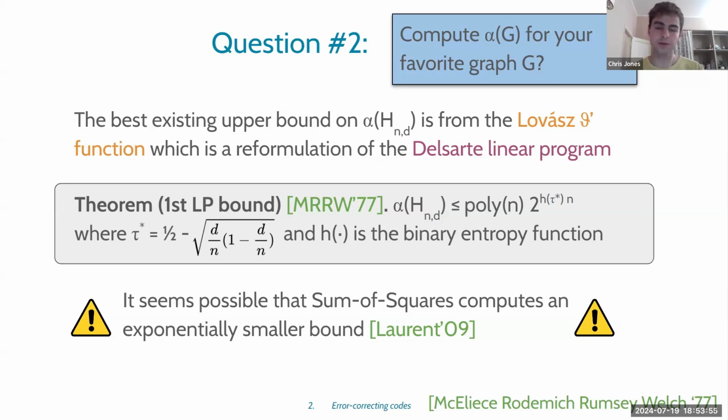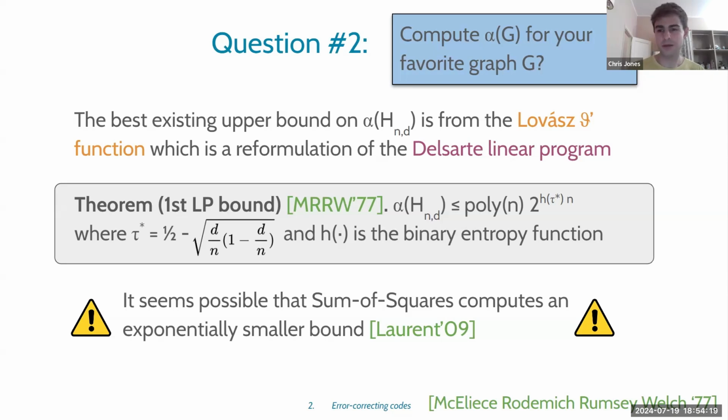Well, one justification for this intuition is that this is a very geometric problem. We're asking about packing spherical caps or Hamming balls into the hypercube. They need to be disjoint. Now, independence number just asks, how many can you pack? Sum of squares actually does a pretty decent job with geometric questions like this.